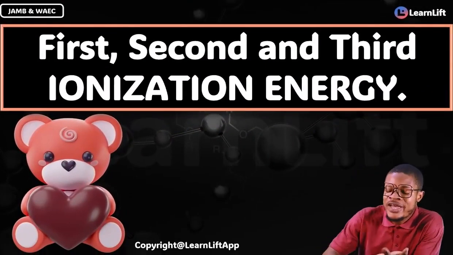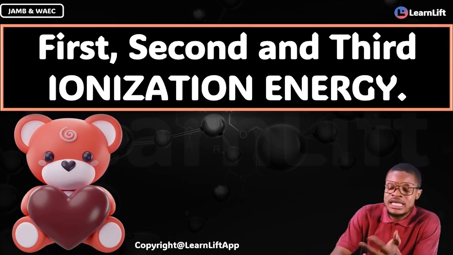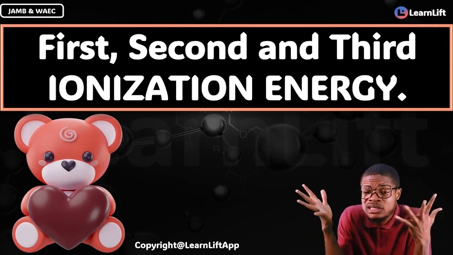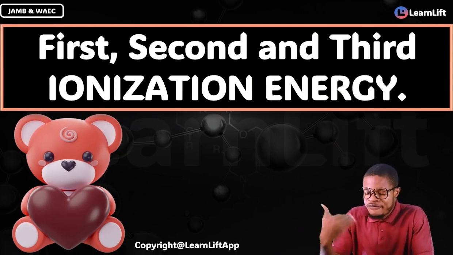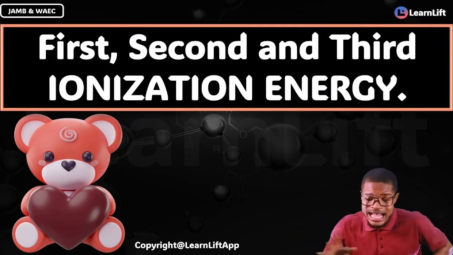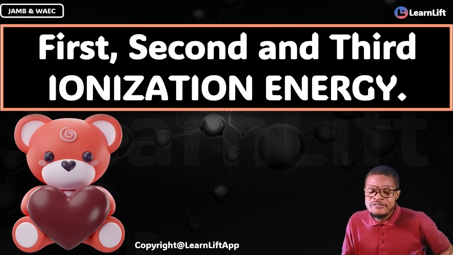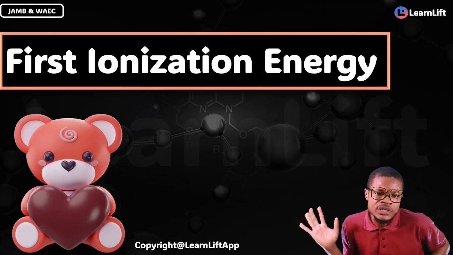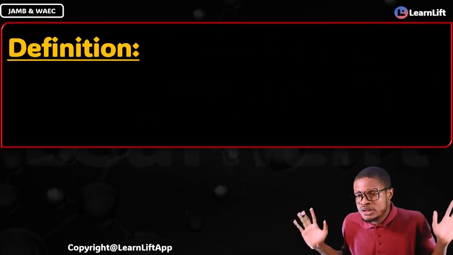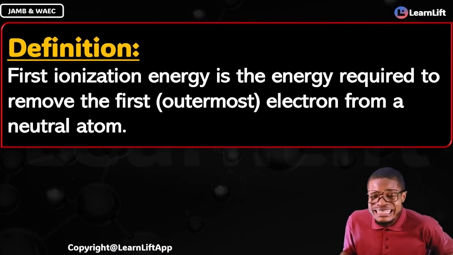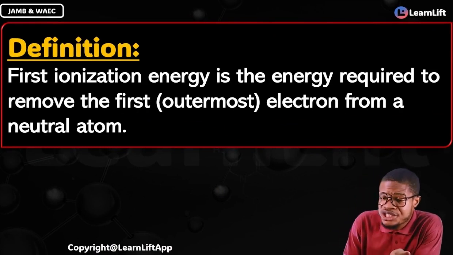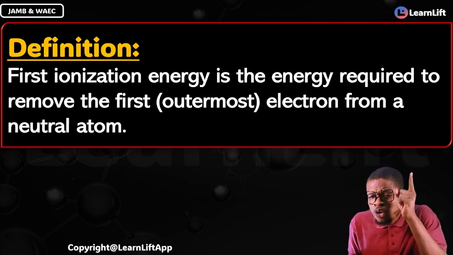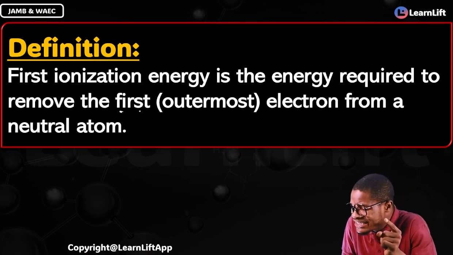There's what we call your first ionization energy, your second ionization energy, and your third ionization energy. What's the difference between the three of them? You keep hearing it, first, second, third ionization energy, and they are asking JAMB and WAEC questions from here very quickly. First, which one is your first ionization energy? Very simple. What's the definition? First ionization energy is the energy required to remove the first electron.